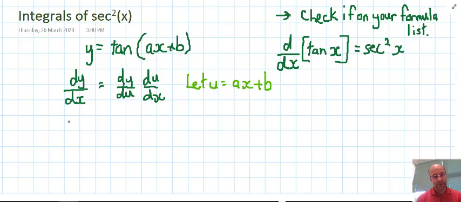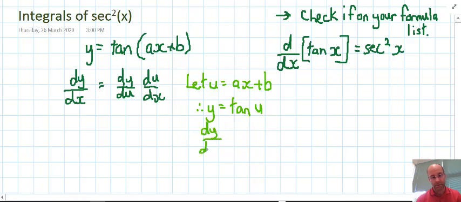And so working at each of the parts, firstly dy/du, well, that would mean after we've made the substitution, we would have y equals tan of u, and dy/du equals sec squared u.